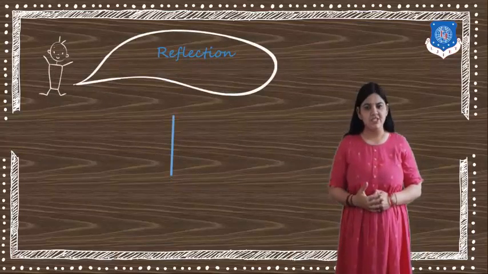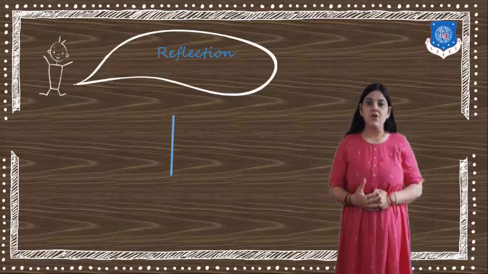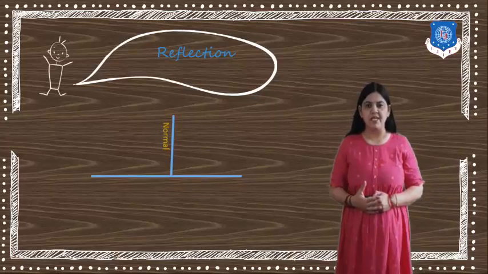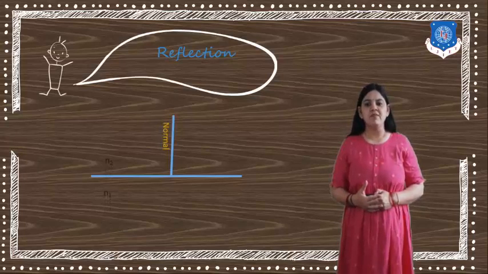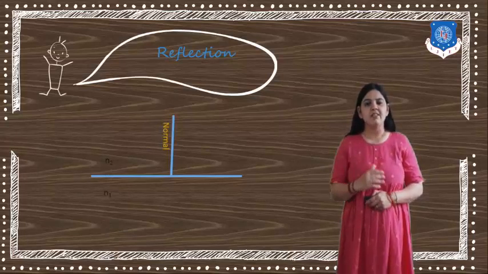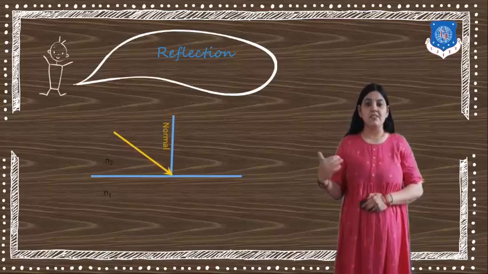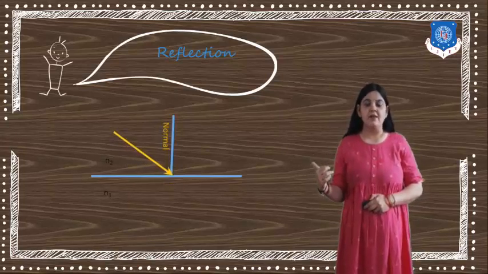Now the incident ray travels in a particular medium, suppose having the refractive index N2. Now this is the incident angle.